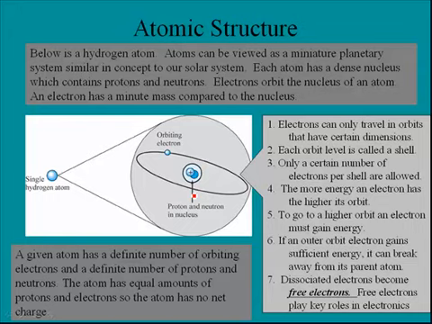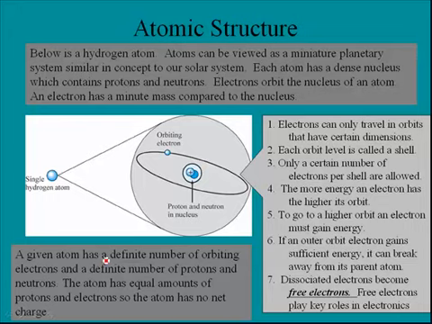Each atom has a dense nucleus which contains the protons and the neutrons. This is this area right here. Electrons orbit the nucleus of an atom. Notice here the electrons orbit the nucleus of an atom, and an electron has a minute mass compared to the nucleus.